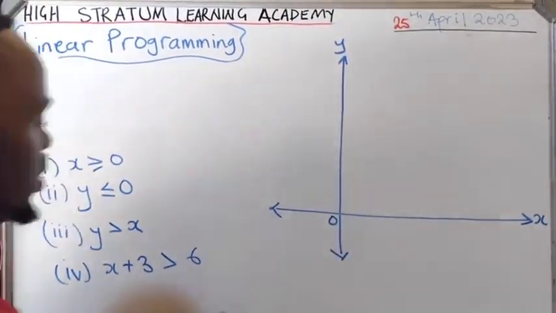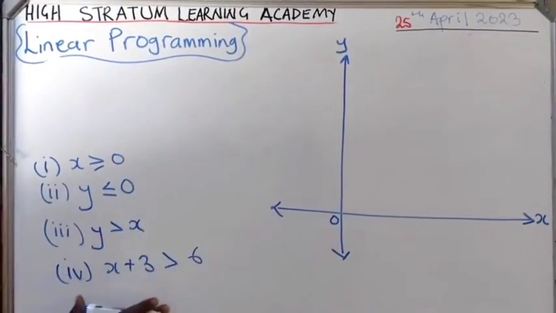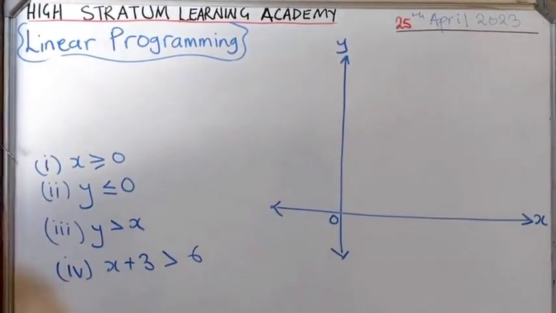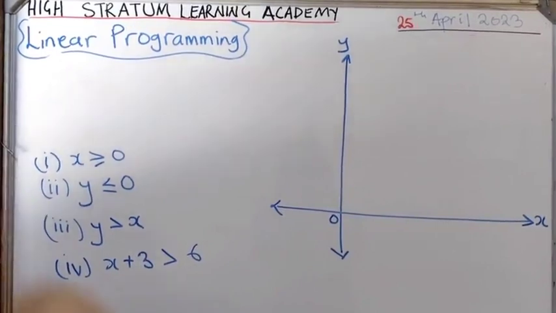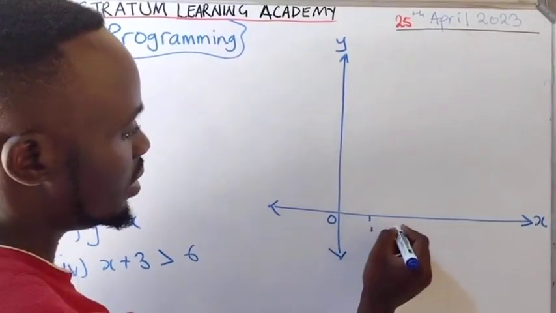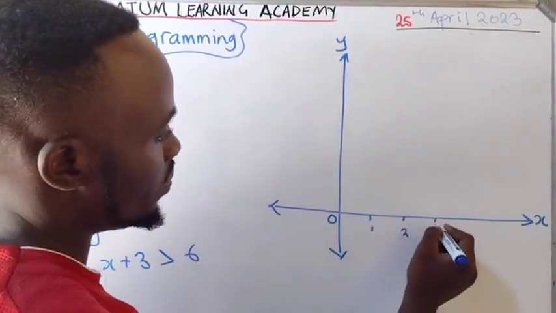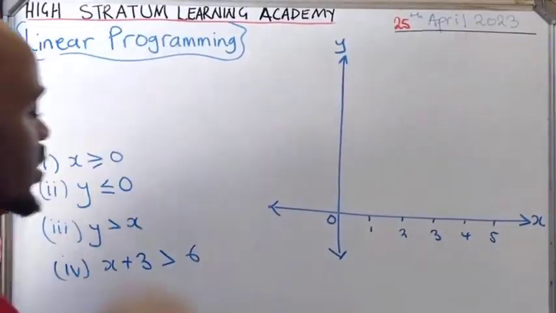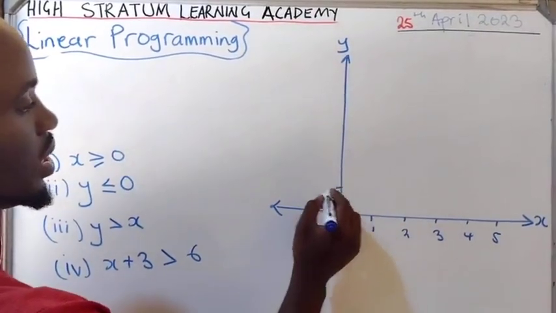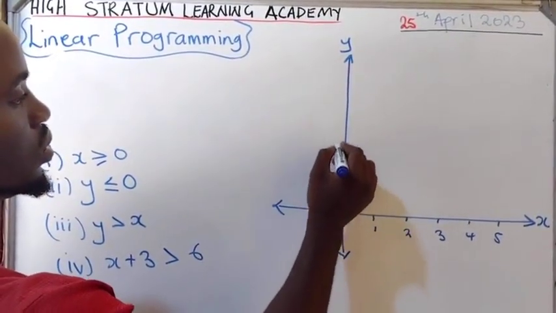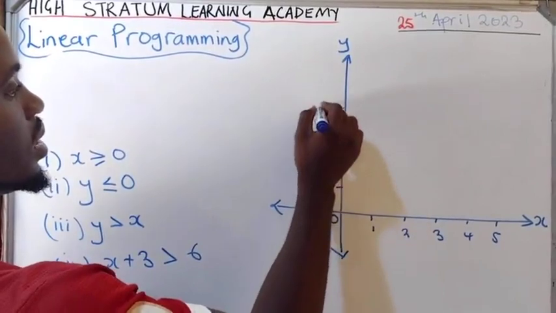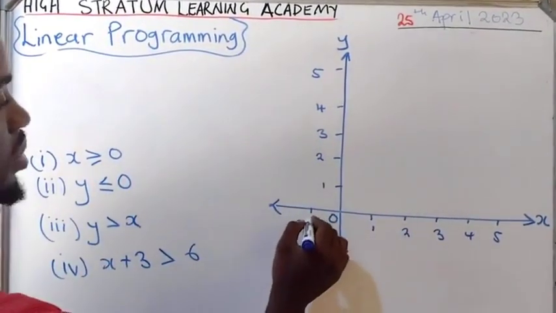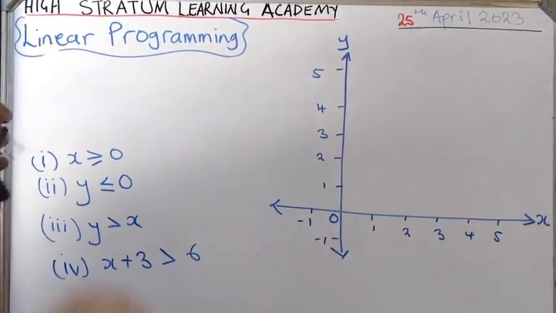Based on the inequalities I'm being given, in the x-axis I'll come up with my own maximum points, where I'll say 1, 2, 3, 4, 5. Then on the y-axis 1, 2, 3, 4, 5. I can even put maybe -1 and -1 there, it's fine.